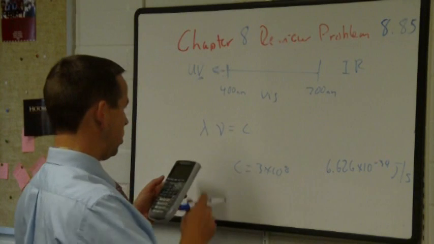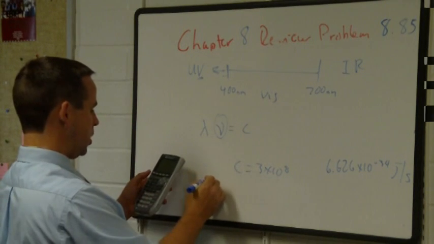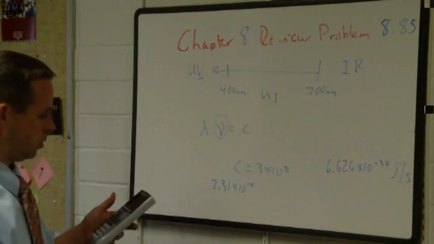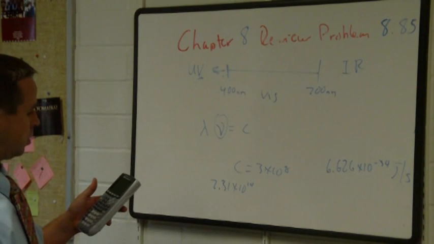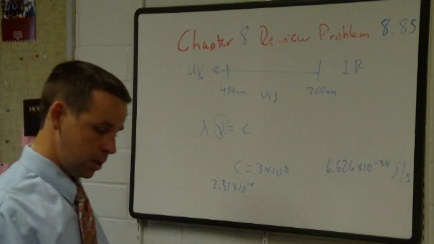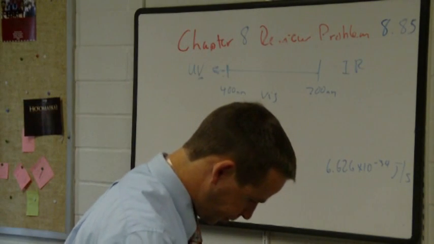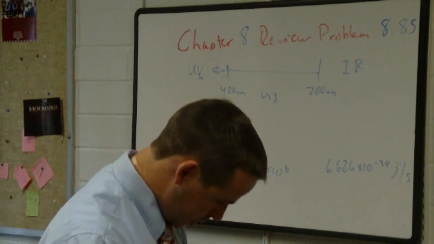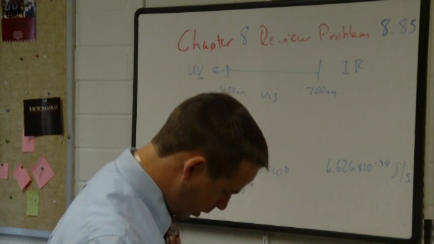So the frequency is going to be 7.31 times 10 to the 14th. All right, so 885B, 7.3 times 10 to the 14th, yep.